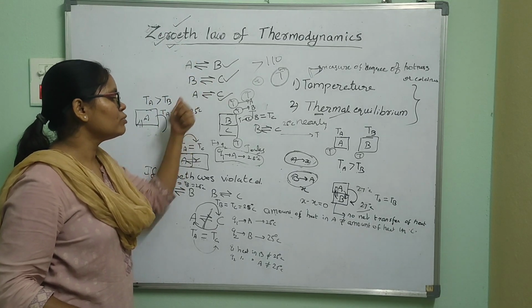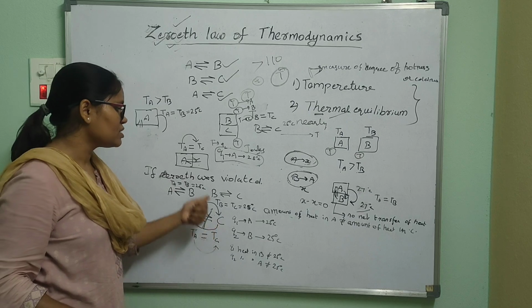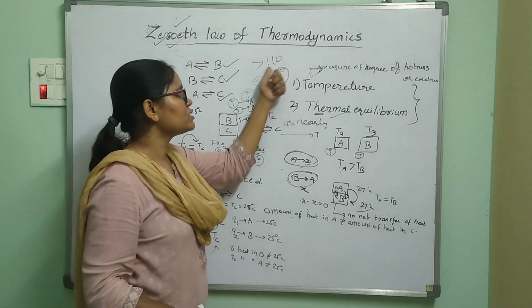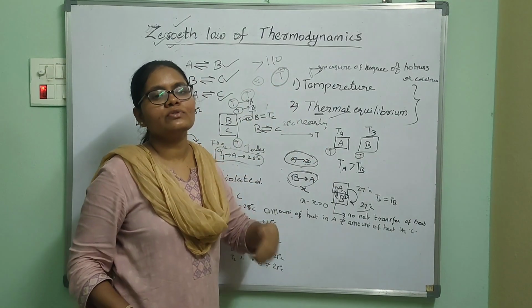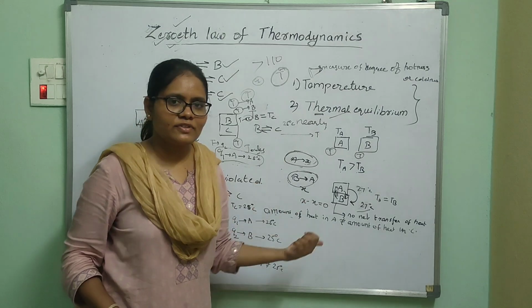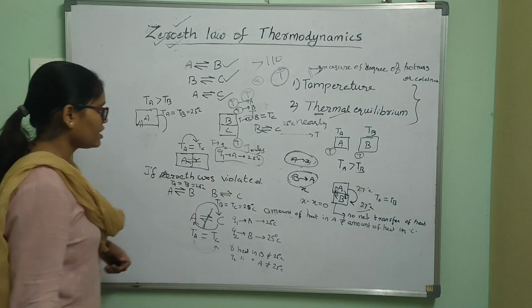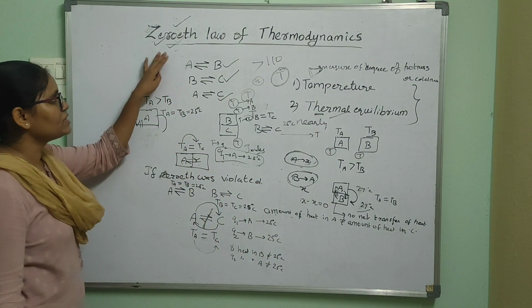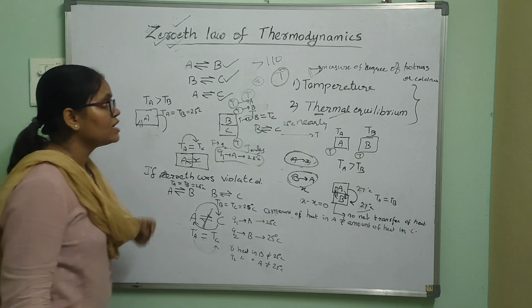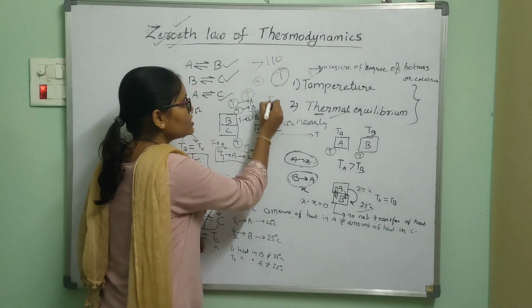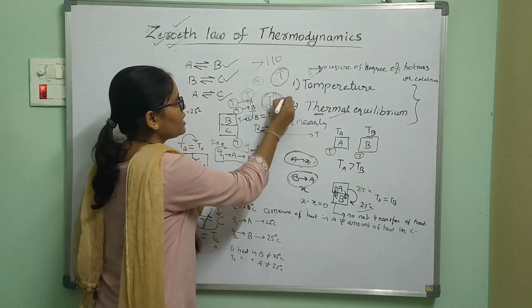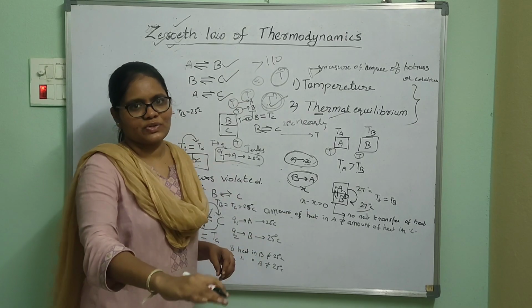If nature did not obey the zeroth law of thermodynamics, you cannot use this universal temperature scale. You have to use a different temperature scale for different materials. Okay. So this is how important the zeroth law of thermodynamics is. It helps us to establish a single temperature scale for all the materials on this earth.